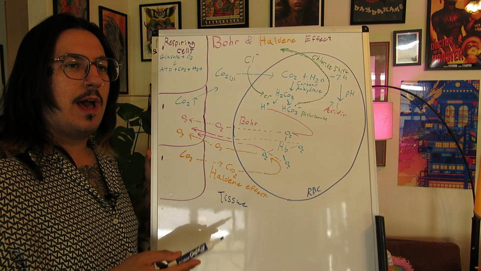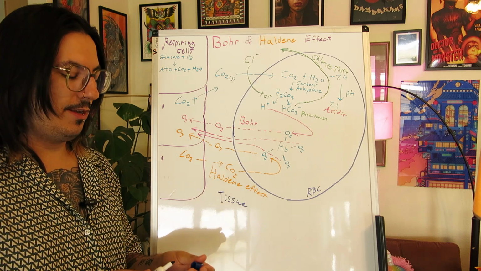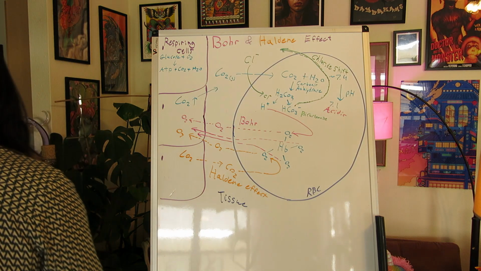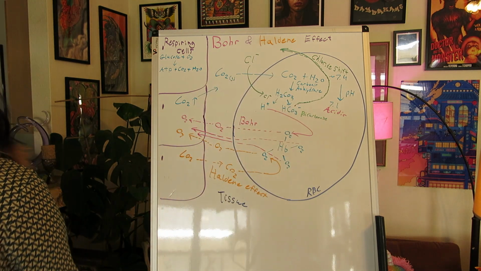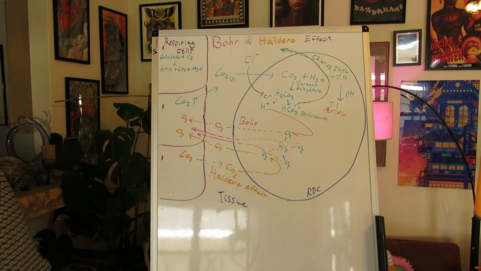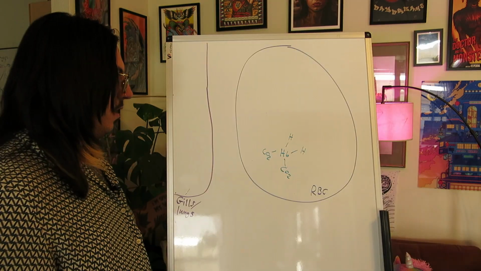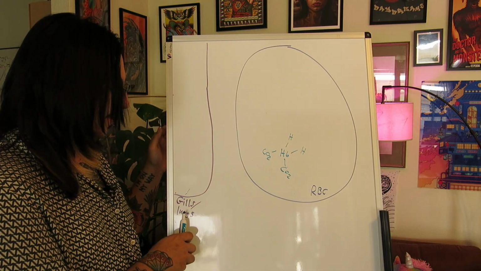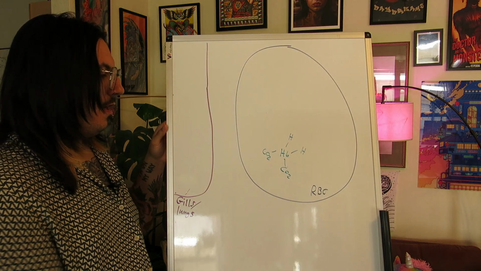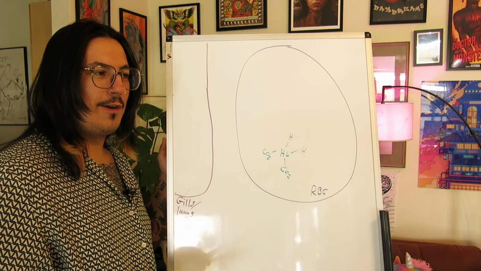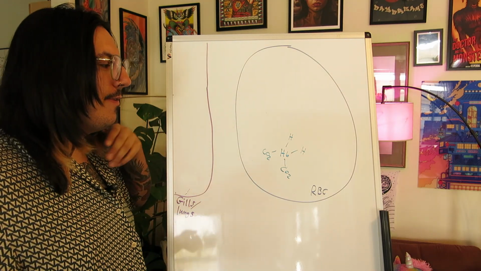Next, we're going to do it at the lungs or gills, depending on which subject you're studying. Okay, so now we're at the gills/lungs, where this process occurs at the lamellae or the alveoli, depending on if you're human or a fish.